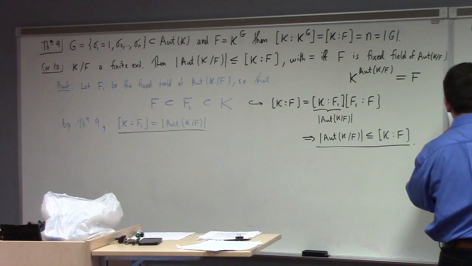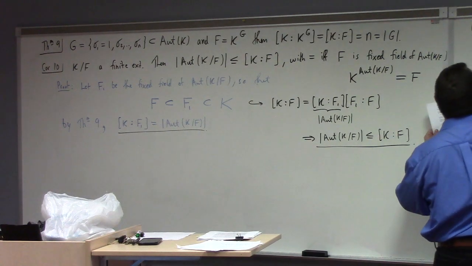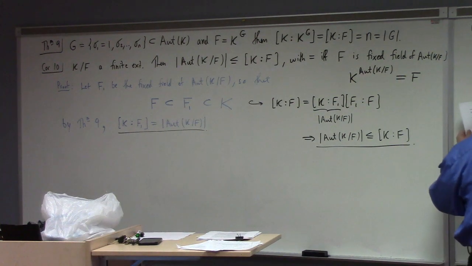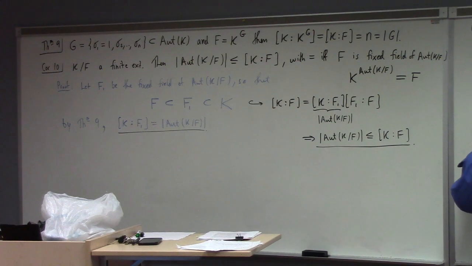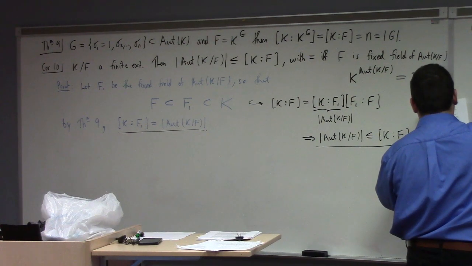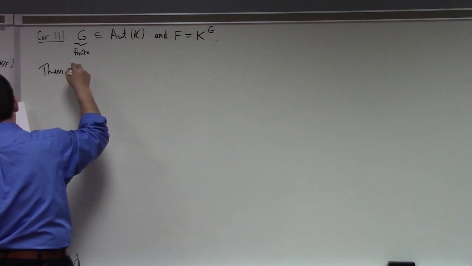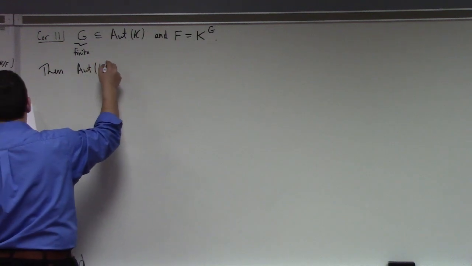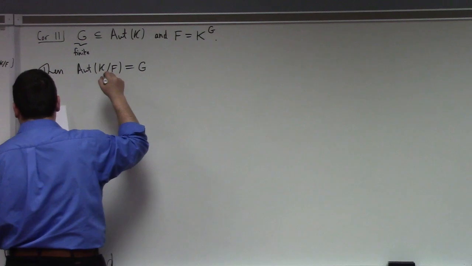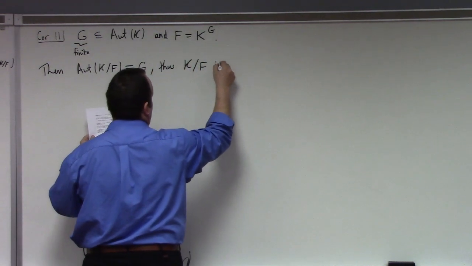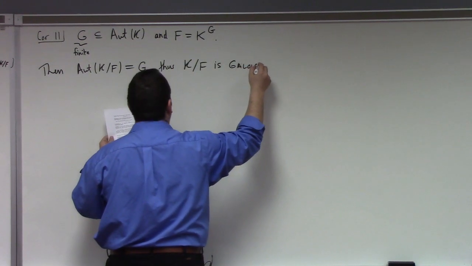It says if G is a finite subgroup of the automorphisms of a field K, all right, and F is the fixed field of G, then every automorphism of K fixing F is contained in G. That is to say that Aut K over F is equal to G. Thus, K over F is Galois with Galois group G.